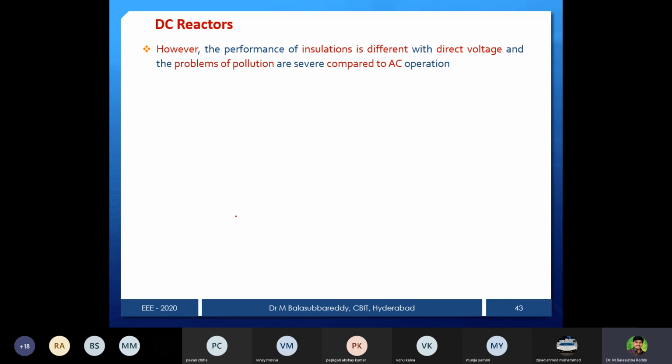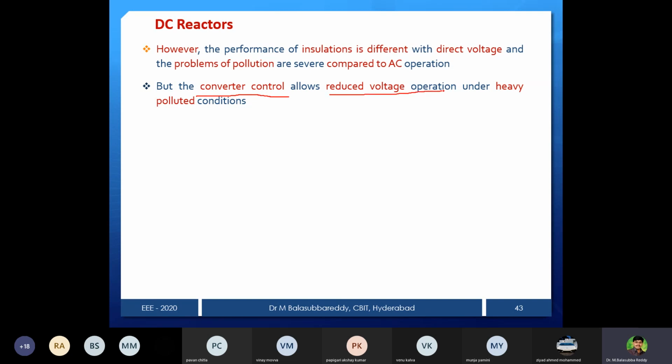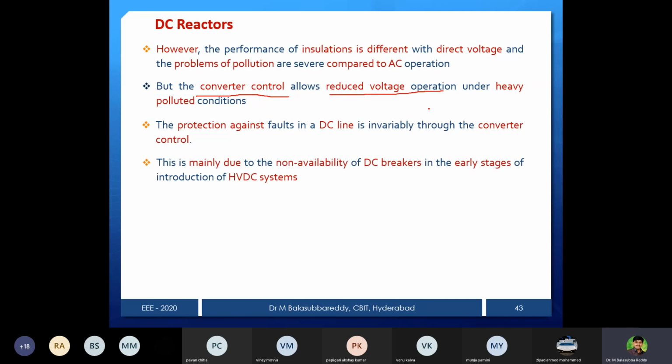The performance of insulation is different with DC voltage, and problems of pollution are severe compared to AC operation, but the converter control allows reduced voltage operation under heavy polluted conditions. The protection against faults in a DC line is invariably brought to the converter control, so in the rectifier station it is normally controlled.